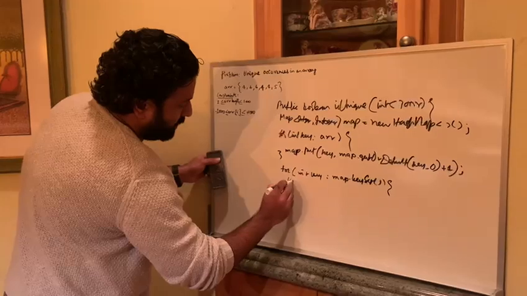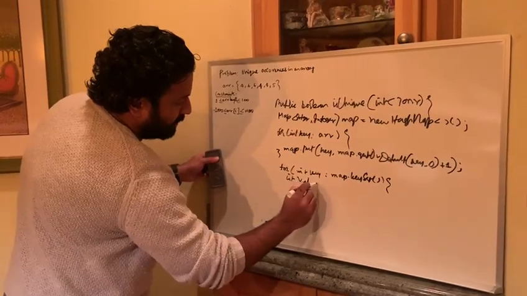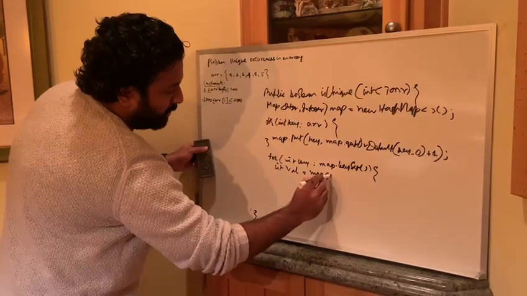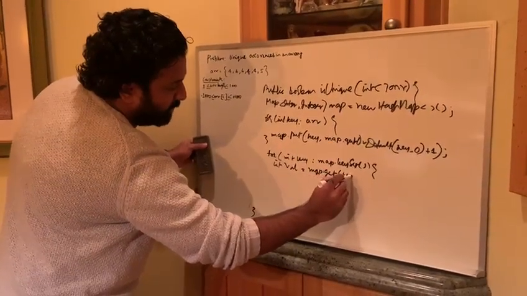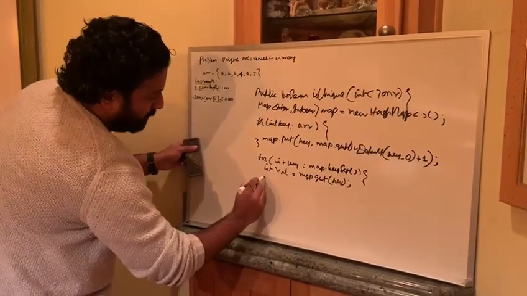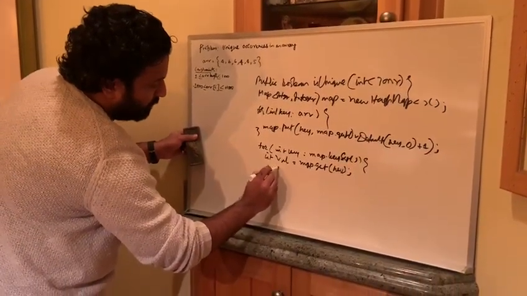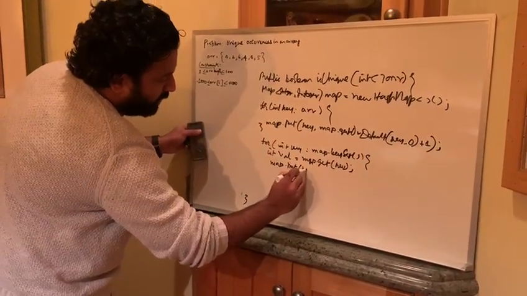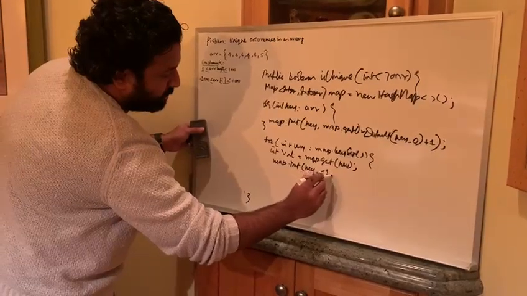We initialize a value, int val is equal to map.get the value for the specific key, and then we do map.put for the key, marking it as -1.